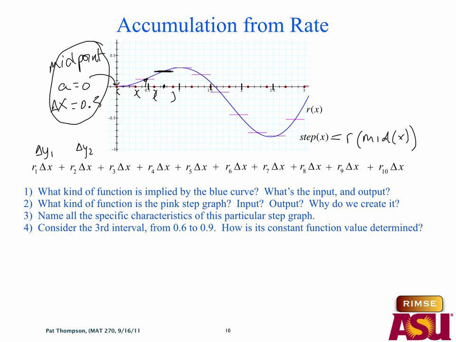We've gotten to mid-x. How do I get this y value, though? On the rate of change graph? There's two rate of change graphs. The blue one, okay? So we take the value on the blue rate of change graph at the midpoint and assign that value to the entire interval. Okay? That's where we're at.